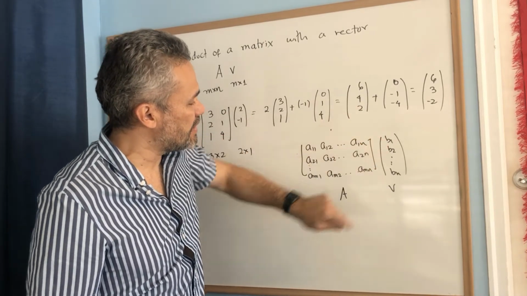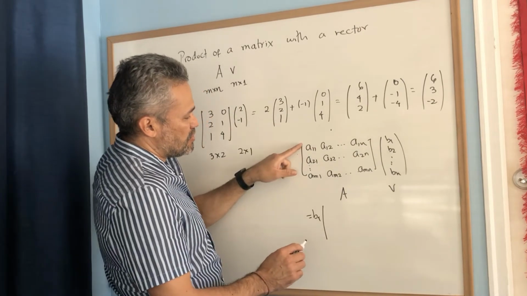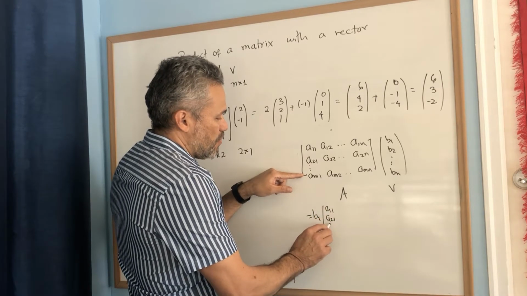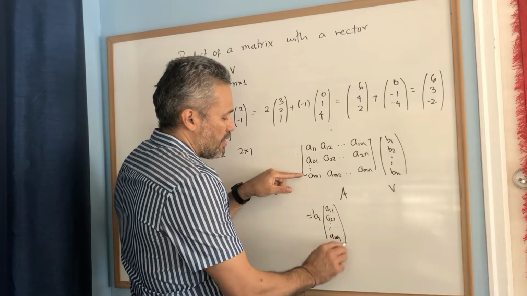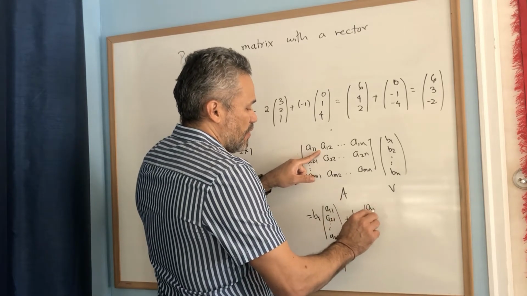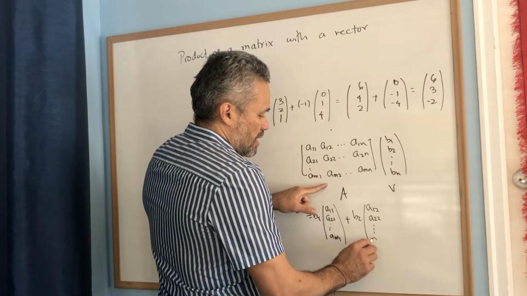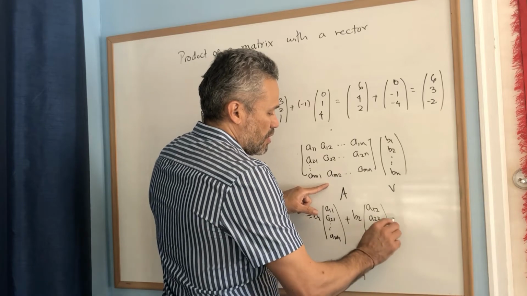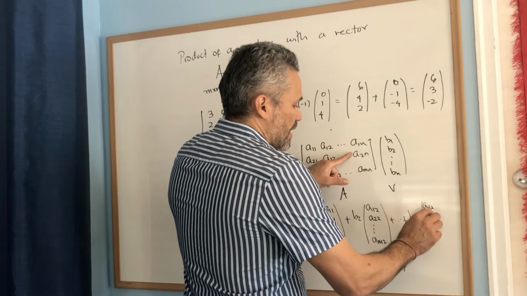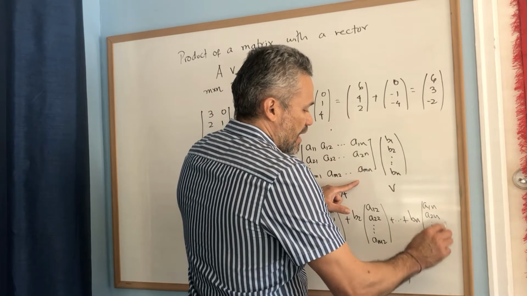Then by definition, this product is the linear combination of the columns of the matrix A using these numbers as weights. Then I will get b1 times this column, which is A11, A21, Am1, plus b2 times A12, A22, Am2, plus bn times A1n, A2n, and then Amn.